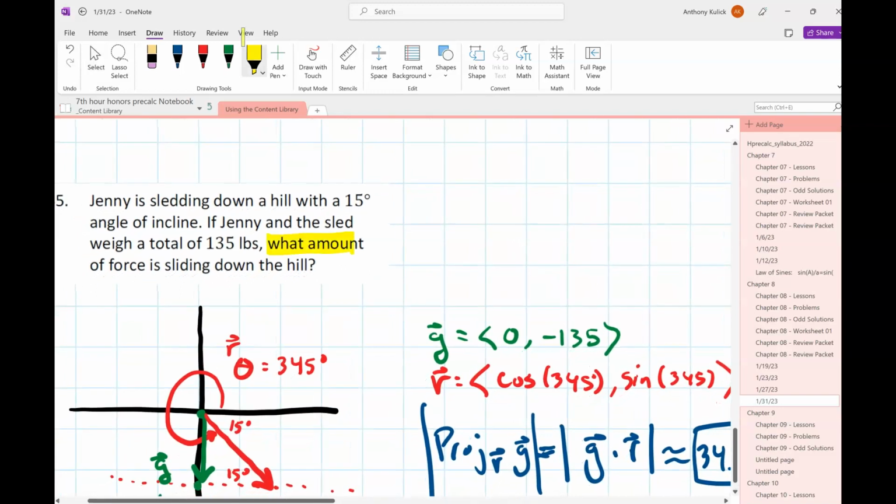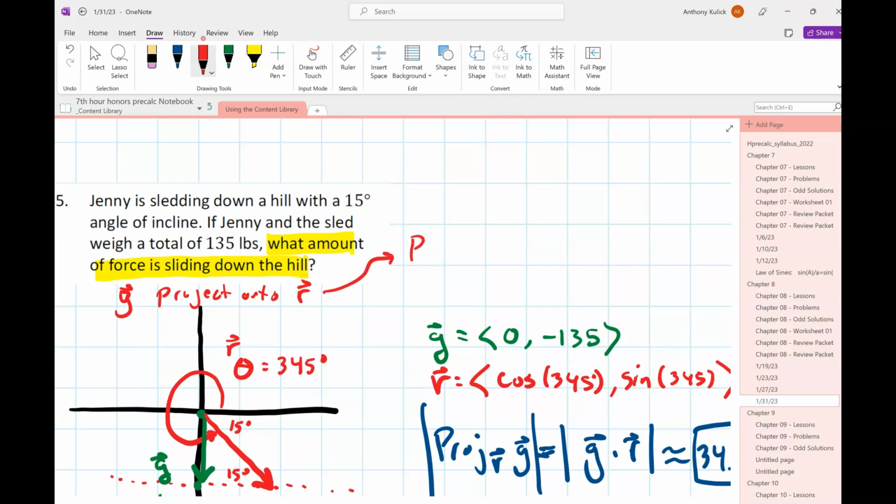So it says what amount of force is sliding down the hill. So gravity is the force that we're projecting onto the hill.